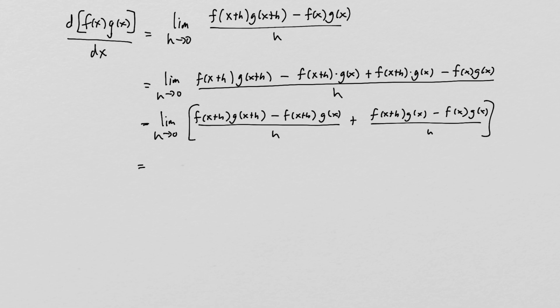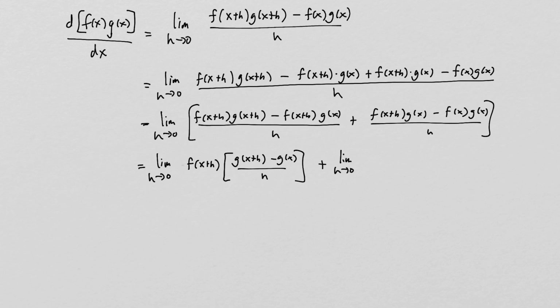And now, this is the tricky part. I notice that there is an f of x plus h here and an f of x plus h here. I'm going to factor that out. So we get the limit as h goes to 0 of f of x plus h multiplied by g of x plus h minus g of x over h, plus, and then I will apply the limit to the second fraction.